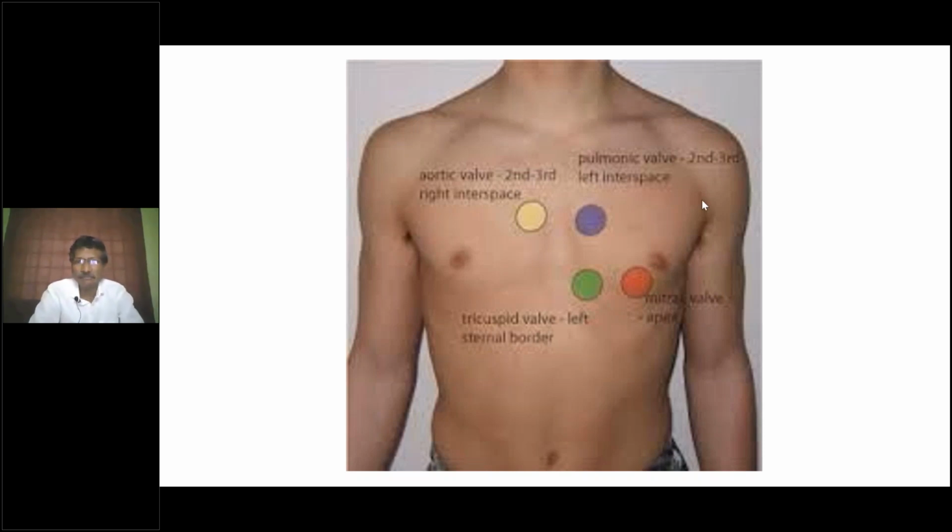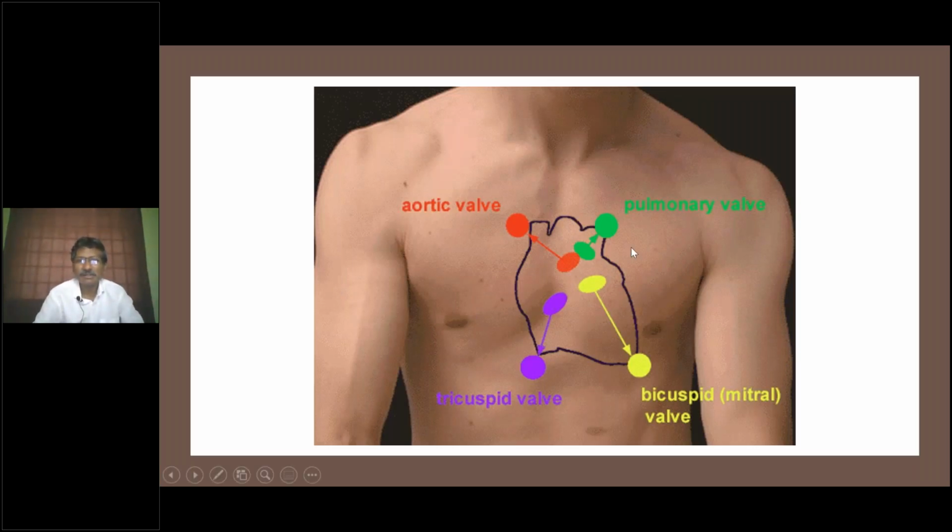See, this is the reason for that. You can see that all the valves are located behind the sternum. This red round is the aortic valve. This purple ring is the tricuspid valve. This is the pulmonary valve. This is the mitral valve. So all are located behind. But if you look very closely, the aortic ejection goes towards the right second space. Pulmonary ejection goes towards the left second space.